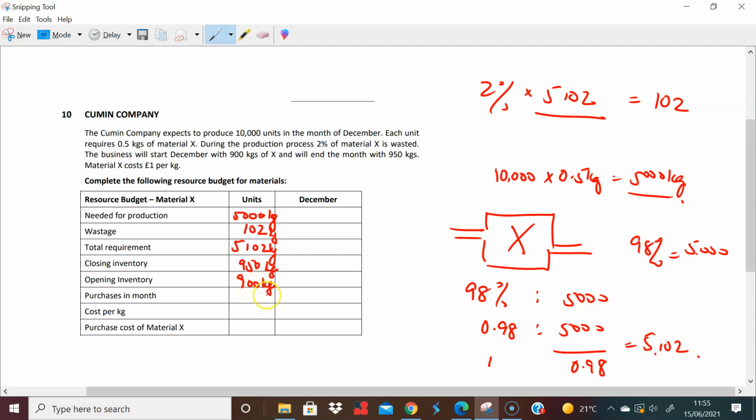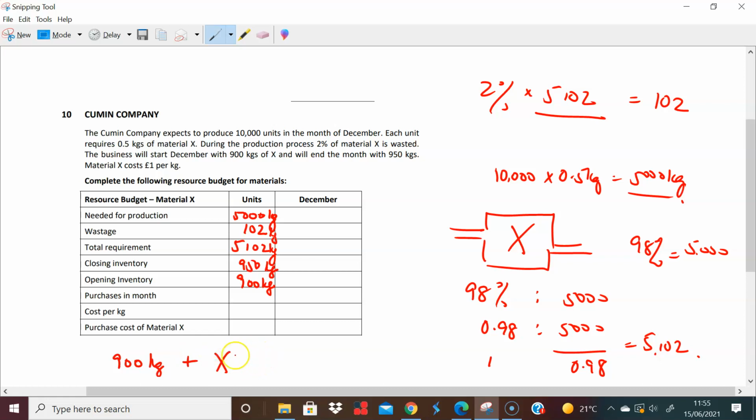In class, we went through a series of ways of thinking through this, and I encourage you to find your way of thinking through it and arriving at the answer. The fundamental point is that you start off with 900 kilograms and need to buy in some more. I'm going to stick to the math way of doing this.